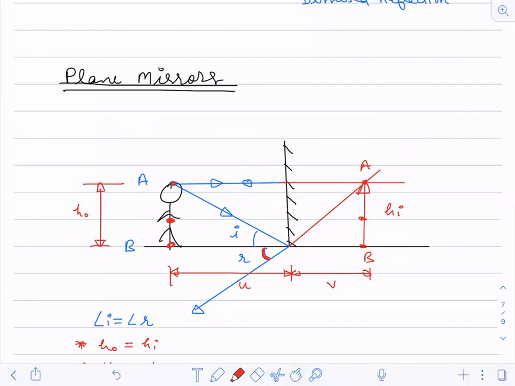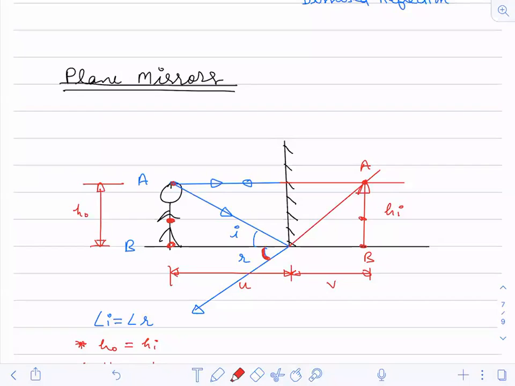Now, why don't materials like wood form an image? They form an image, we are not able to see that. It's not like there will not be any reflection from them. There will be a reflection from them, but we are not able to see it.